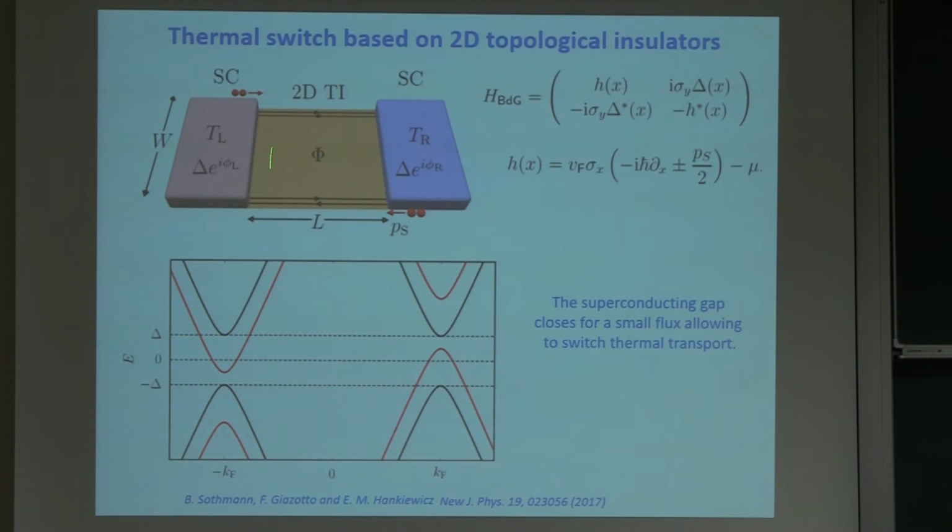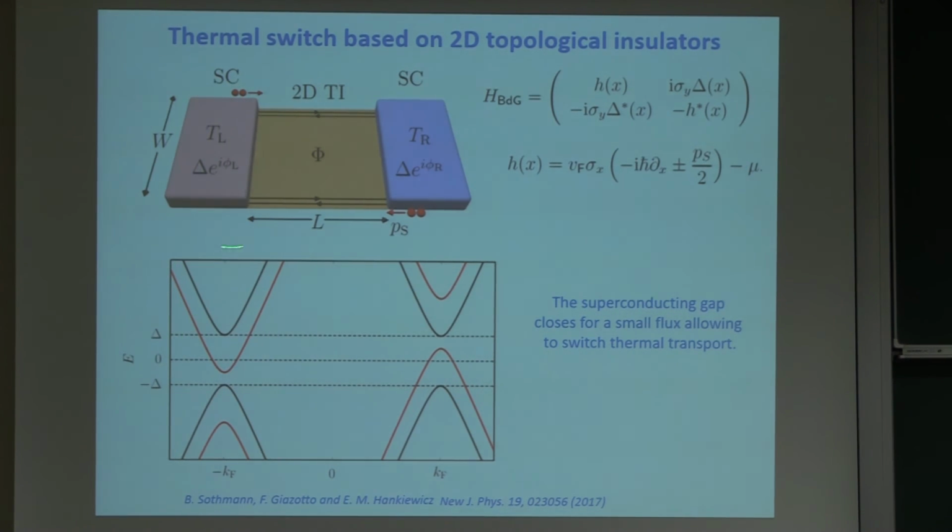So again I have a magnetic field. The main effect of this phase, at least from the point of view of orbital magnetic field, is what is called the Doppler effect, meaning that the flux is different for the top edge state and for the lower edge state. So I will acquire a different phase for the top and the bottom. In general it means that I will start to close the gap.